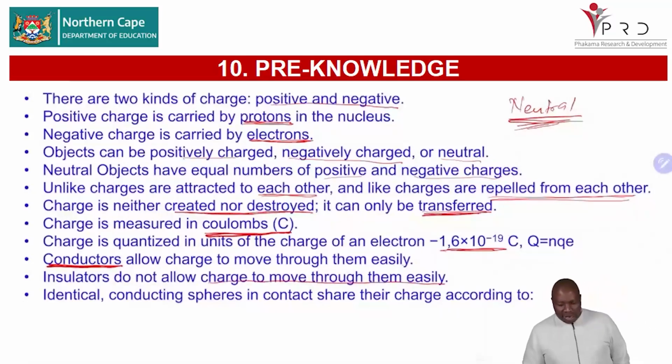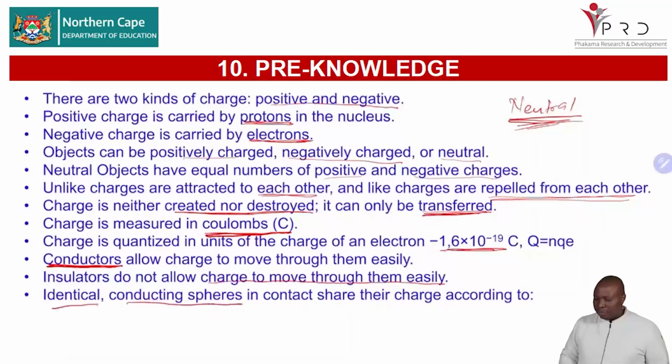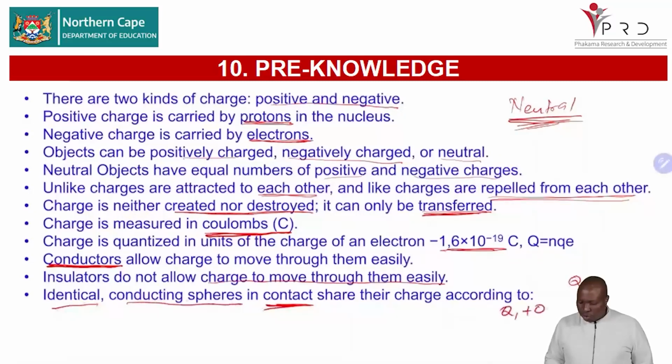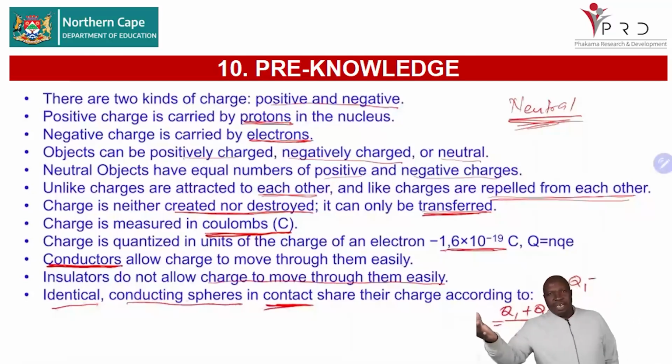And identical conducting spheres. When we have conducting spheres that are identical and you bring them in contact, for example, Q1 and Q2, what happens is that the new charge will be (Q1 plus Q2) over 2. I've seen a question where they brought a third charge.